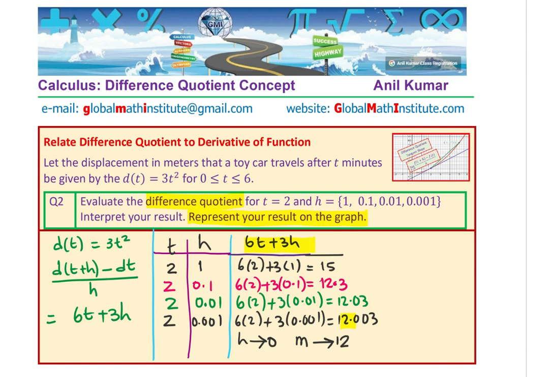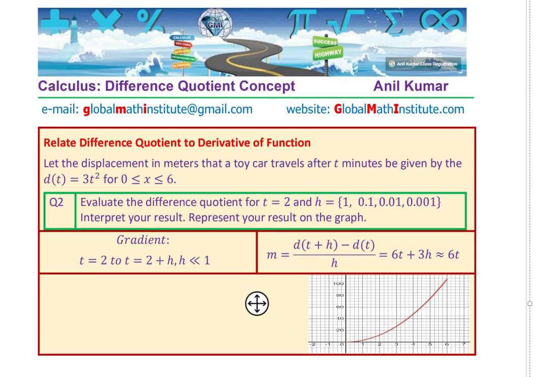Now, as part of this question, let me also represent the result on the graph. What I'm trying to say is that the secant is becoming the slope of the tangent, right? So what we notice is that as we figure out the slope between 2 points, t equals 2, and h starting with 1, meaning 1 unit away, let me make it wider so that I can explain it better.